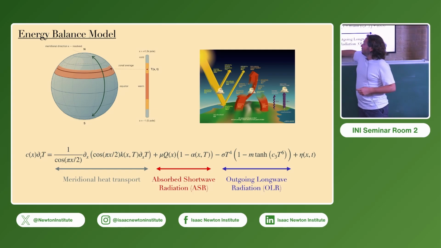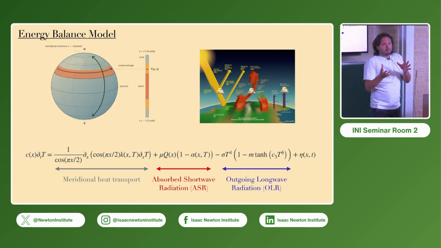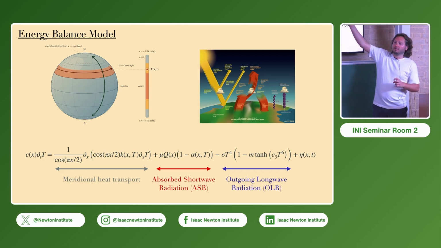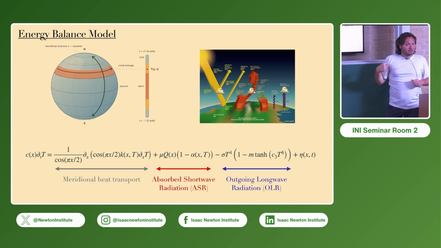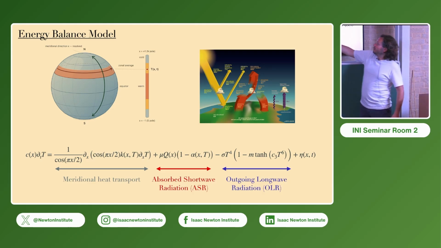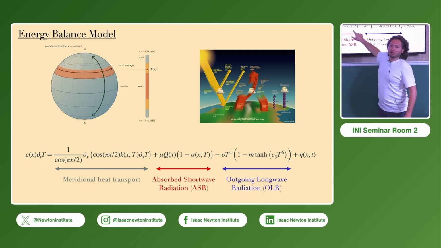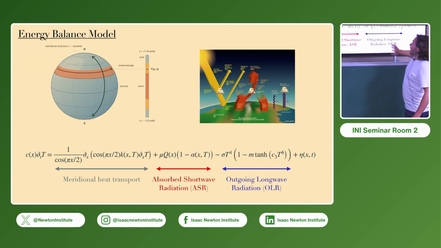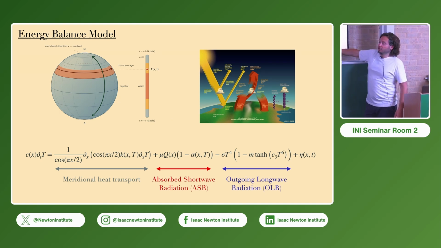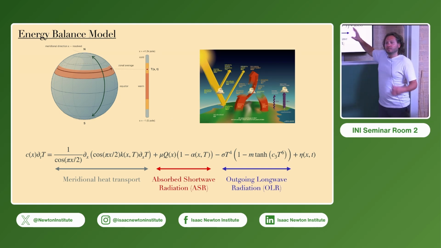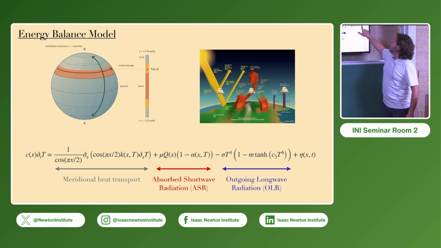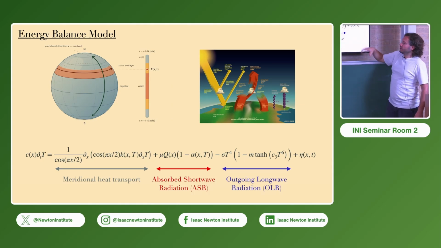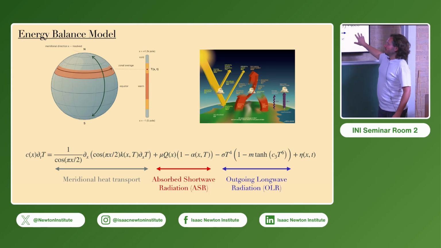Then we have the absorbed shortwave radiation: light, energy coming from the sun, and this tells you how much of this energy you absorb. And then you have the outgoing longwave radiation, so how much of this energy you emit back into space. And also we add a little bit of noise with some properties, but it's not relevant here.